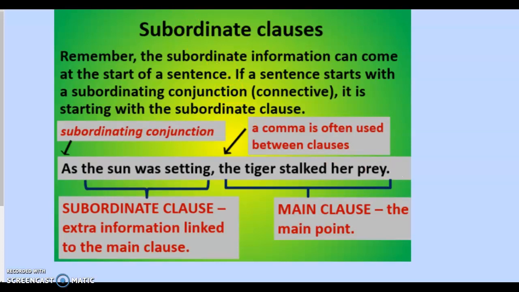Okay, we know that this is the subordinating clause, because it starts with as, which is the conjunction, and as the sun was setting doesn't make sense by itself. We need something more in that sentence for it to make sense. If we look at the main clause, the tiger stalked her prey. That part of the sentence makes sense by itself. Okay, it's the main point. The tiger stalked her prey is the main information.